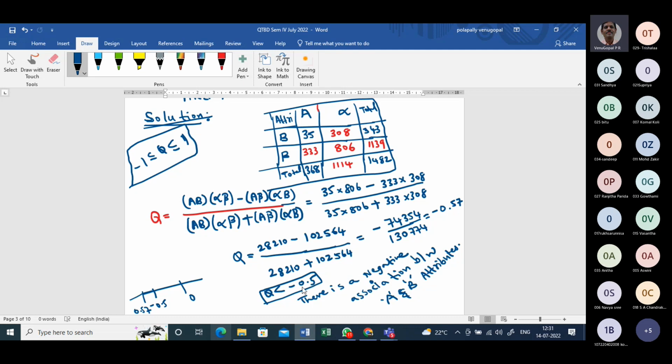What I'm trying to say, because it is less than 0.5, I can say there's a fairly good degree of negative correlation, negative association.